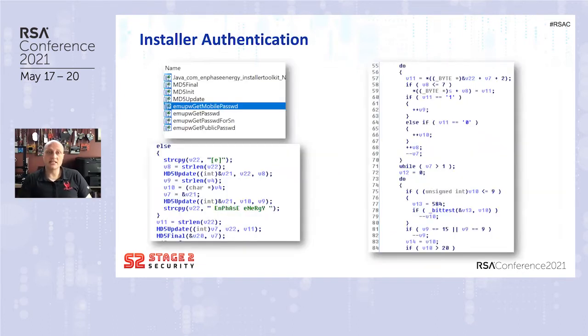And so I did just that: I took their assembly binary and started reversing it. You can see that they have a few functions that they export, like get mobile password, get password for serial number, and get public password. All these functions do is call down to this native function, which will compute an MD5 of a string they built.